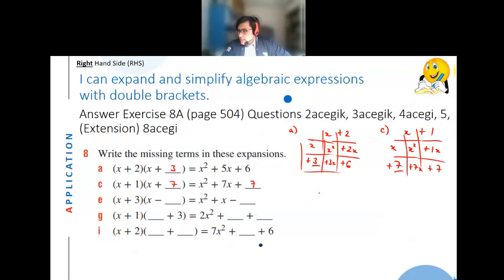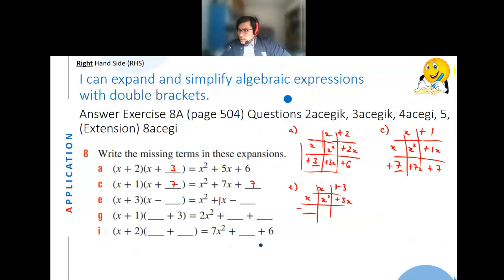Right, next we have x plus 3, then x minus a number. We have x times x is x squared, that's good. x times plus 3 is plus 3x. Now the thing is, we only have a plus 1. So what do we have to do to the plus 3x to get plus 1x?